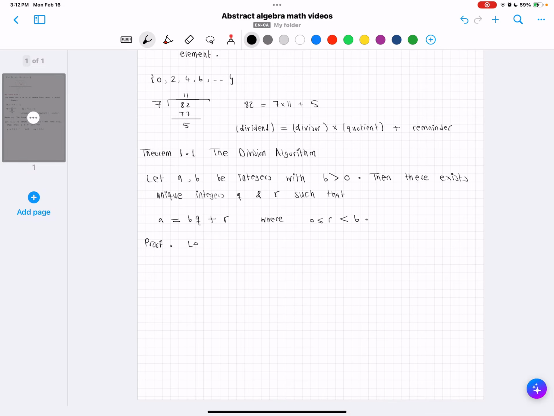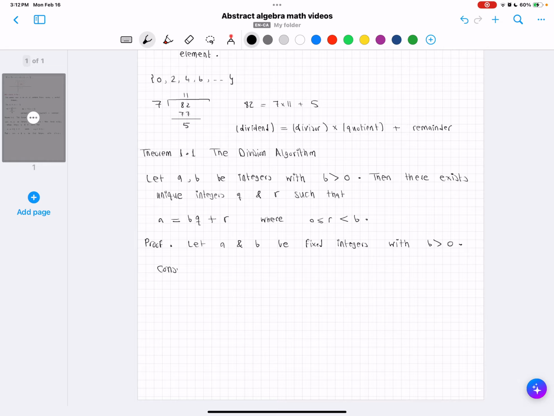Let a and b be fixed integers with b bigger than 0.